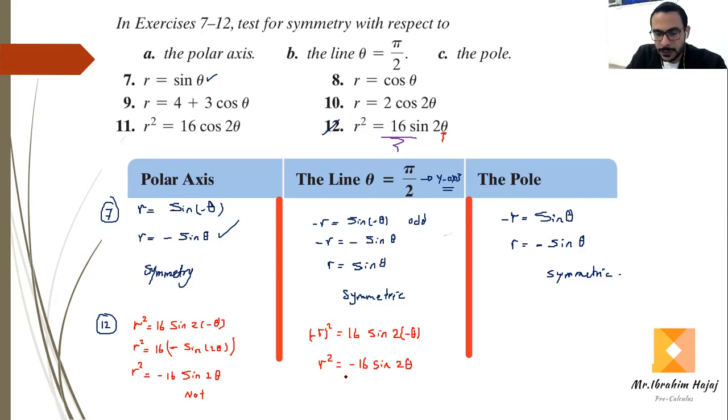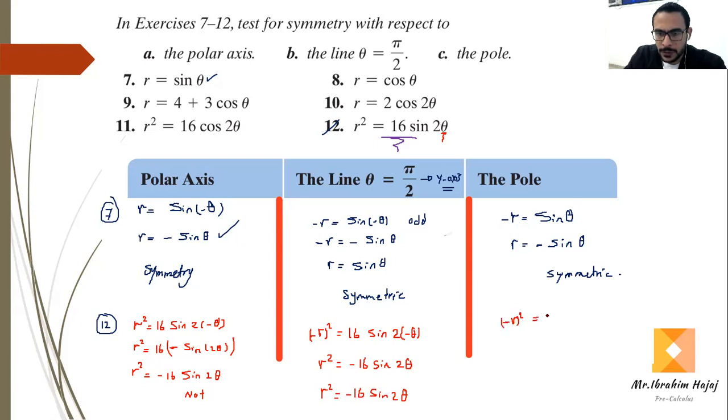R squared equals negative 16 sine 2 theta. Is it symmetric? No.